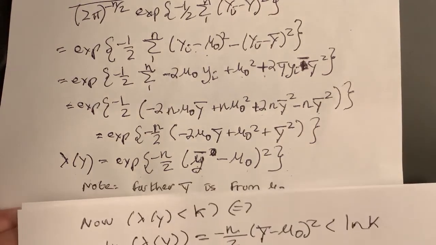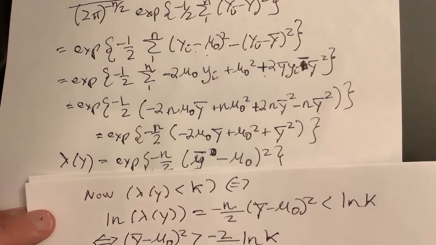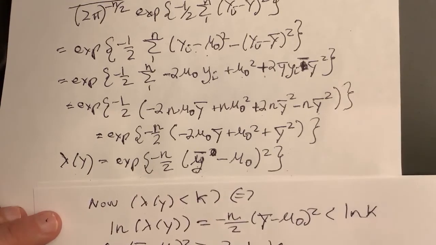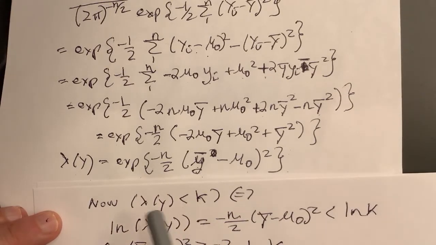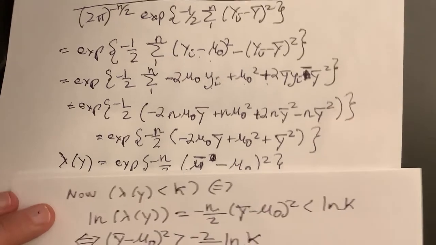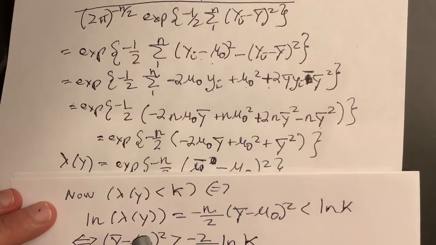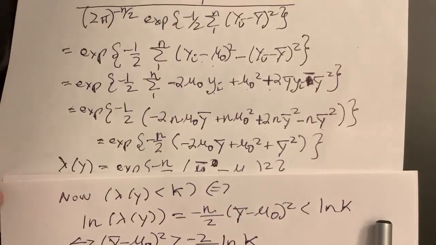If I take this and I want to reject when it is less than k, that condition is equivalent to, if I take the log of both sides, because log is an increasing function so the inequality maintains the same direction, minus n over 2 times y bar is less than the log of k. Okay, so let's continue.